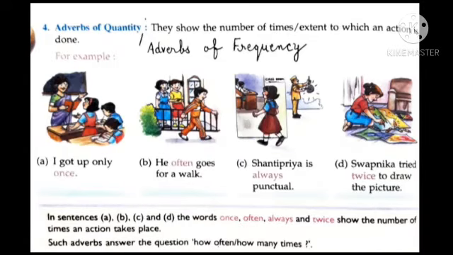Swapnika tried twice to draw the picture. In these sentences, the words once, often, always, twice show the number of times an action takes place. Such adverbs answer the question how often or how many times, kitni baar, an action is being done. Is it clear?